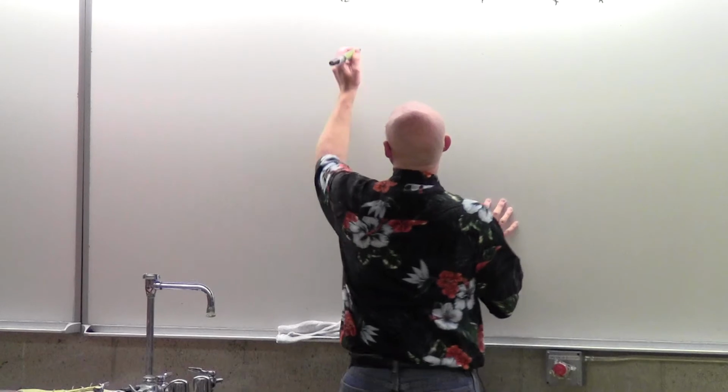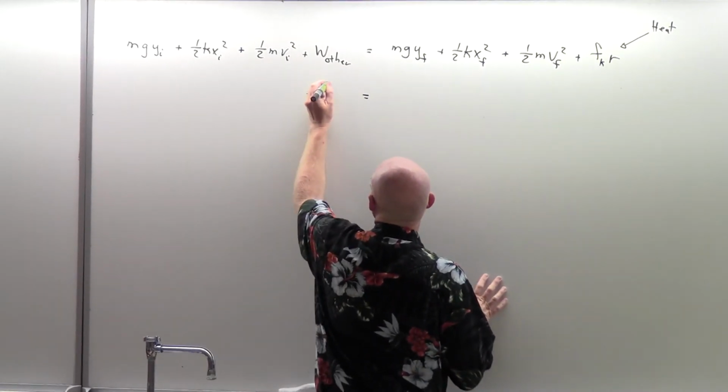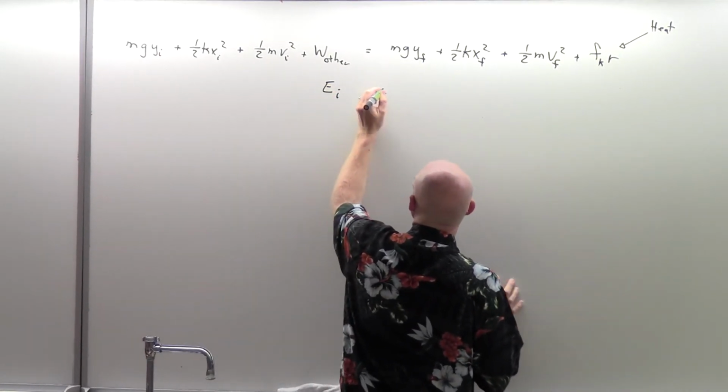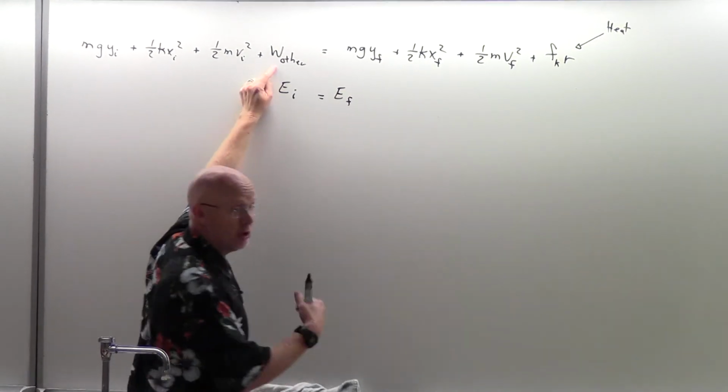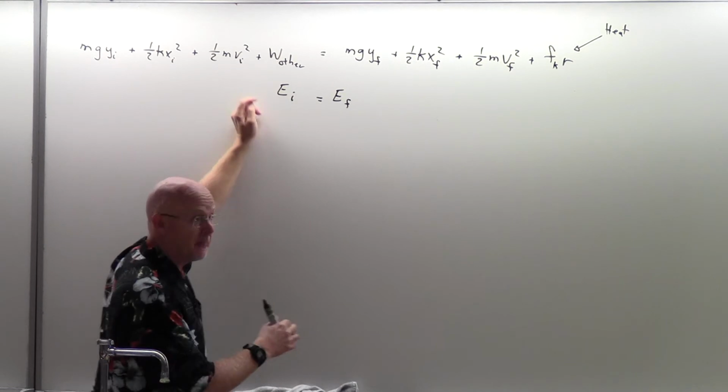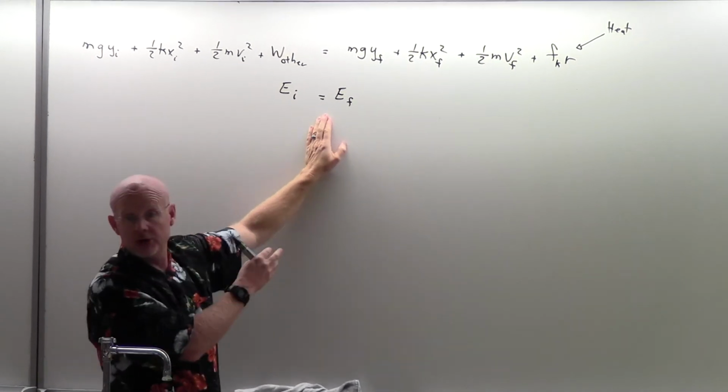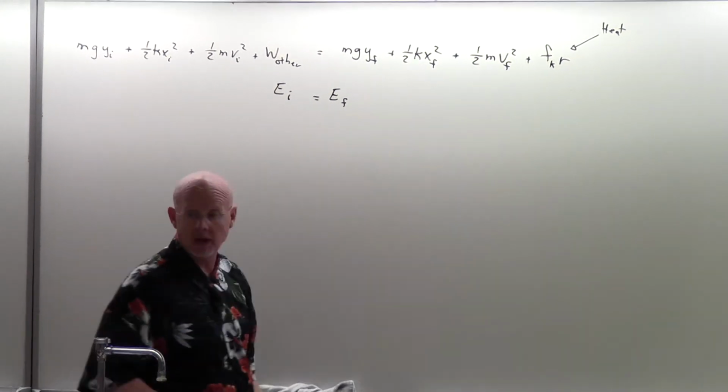And so what I really have here is a simple statement that is saying the energy you start with, and including any energy you might add to the system, is then equal to the energy you end with.